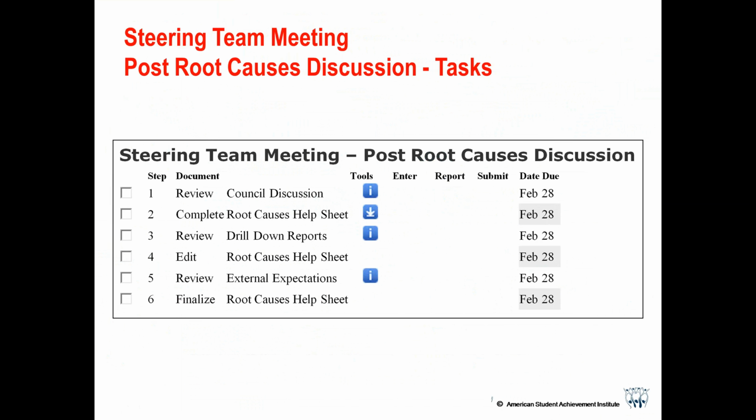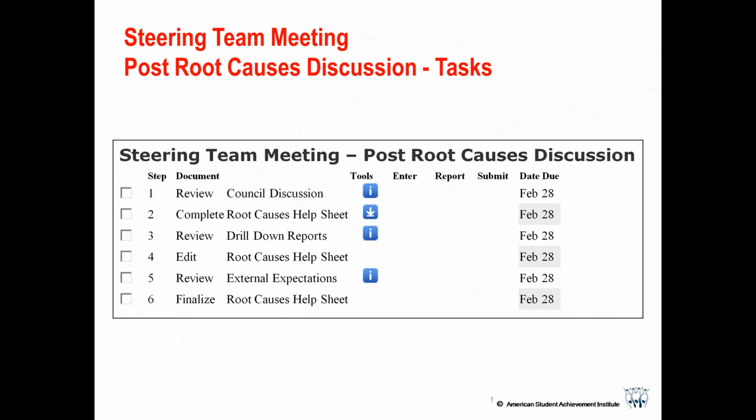Then you would look at, in step 3, the drill down reports. And so you'd be asking, okay, if one of our concerns is that we have poor attendance, and we think that's one of our root causes, then we want to drill down further and say, okay, exactly who has poor attendance? Is it all students? Is it the third graders?